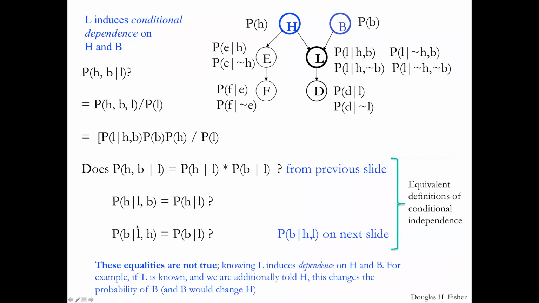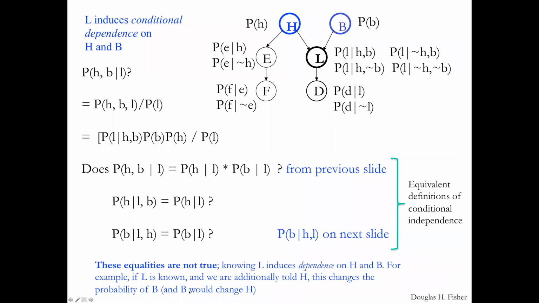And again, this is another definition of the conditional independence of B and H conditioned on L. If these were true, then this would indicate that the independence of H and B was retained after conditioning on L, but these equalities are not true. And so knowing L induces dependence on H and B.